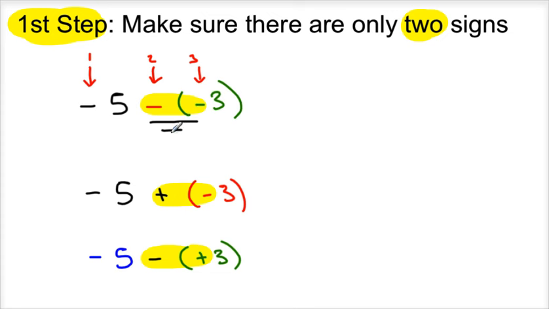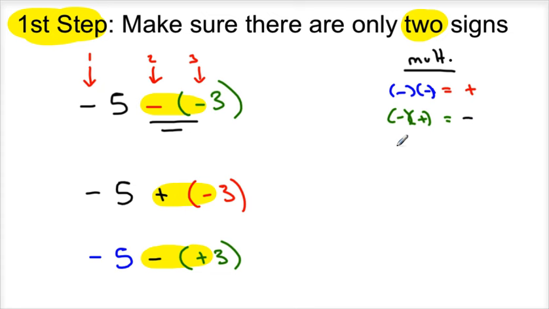When you're combining these 2 signs in the middle, we have to think about our multiplication rules. When you multiply integers, a negative times a negative gives a positive. A negative times a positive gives a negative.